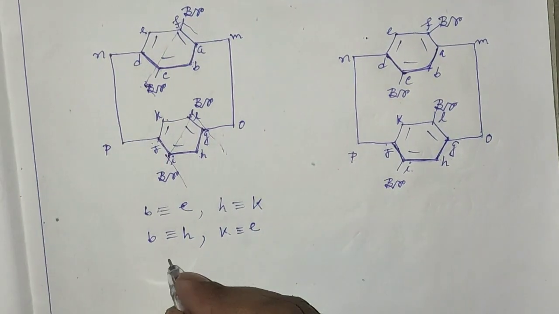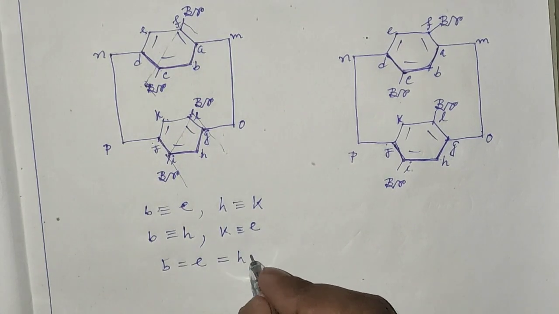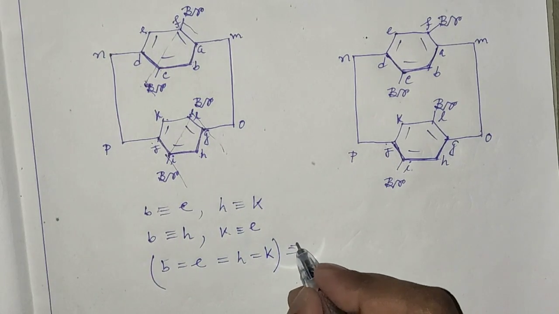We can write B = E = H = K, and for these 4 carbon atoms there will be one line.